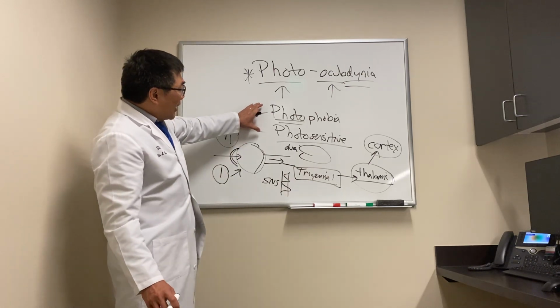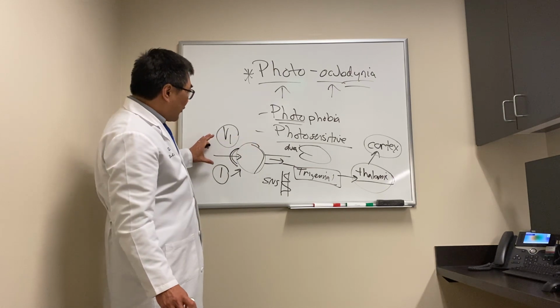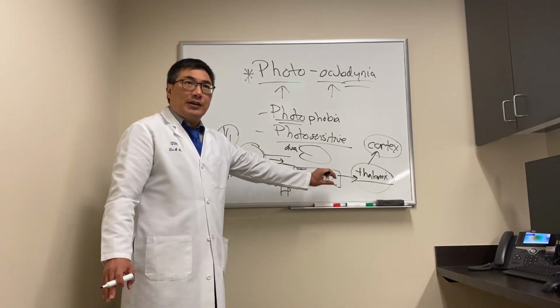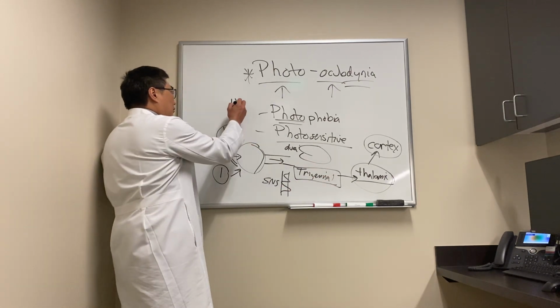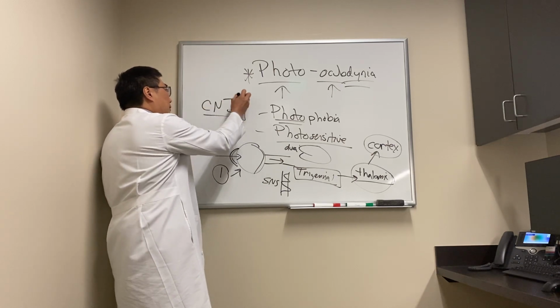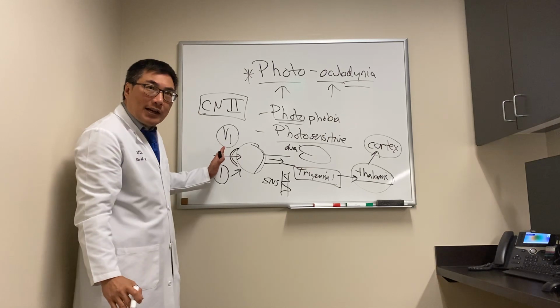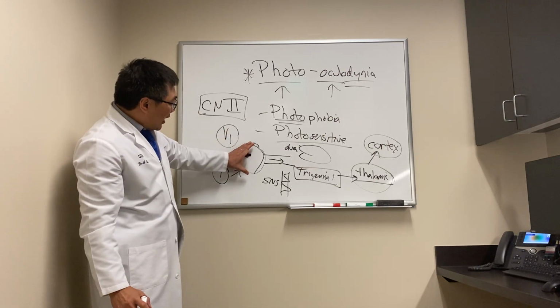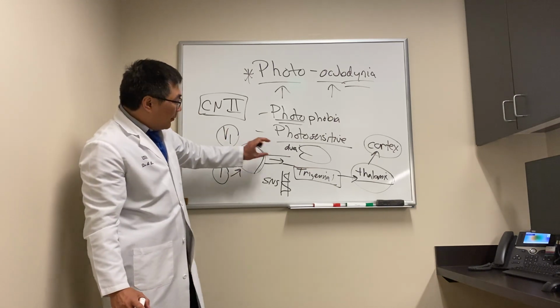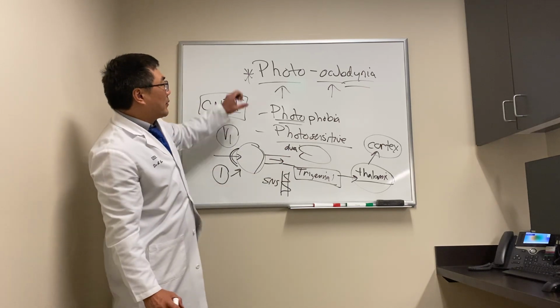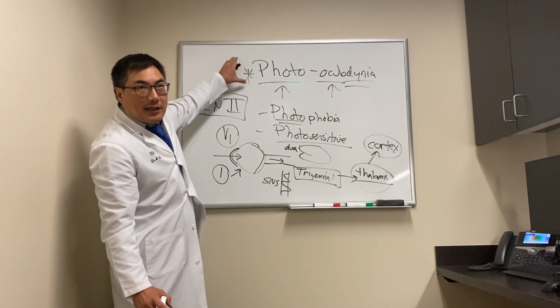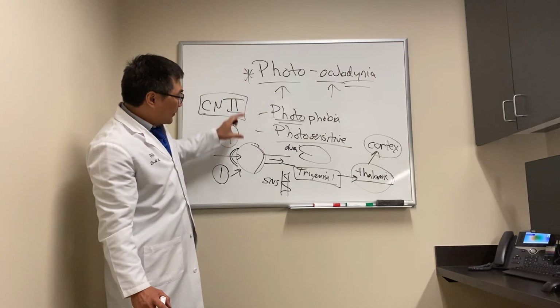And so when we have the combination of photophobia and photosensitivity, the first thing is to make sure the afferent pathway is intact on cranial nerve number 2, as well as the pre-optic nerve pathway, the intraocular pathway. So both the intraocular pathway and the optic nerve have to be normal before you make the diagnosis of the idiopathic variety, photooculodynia.